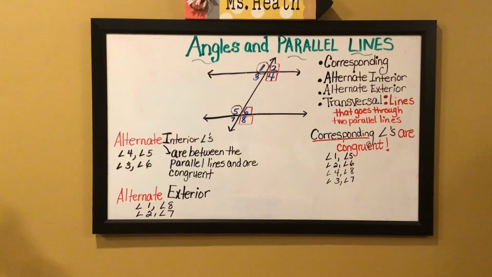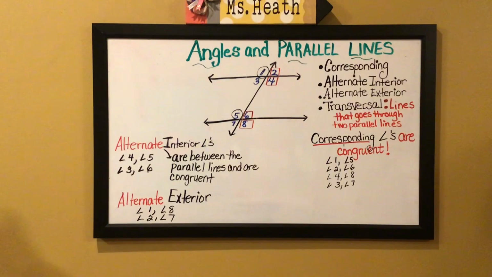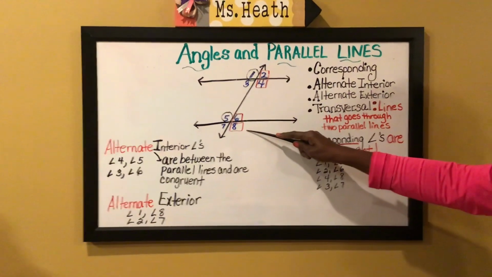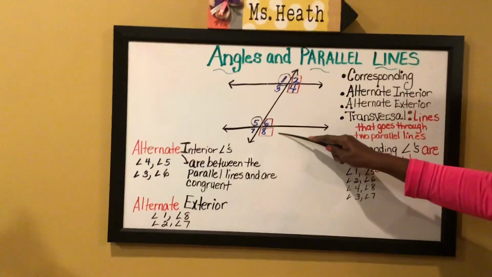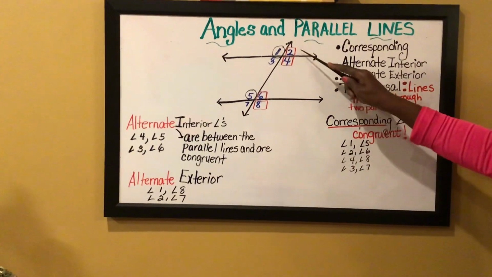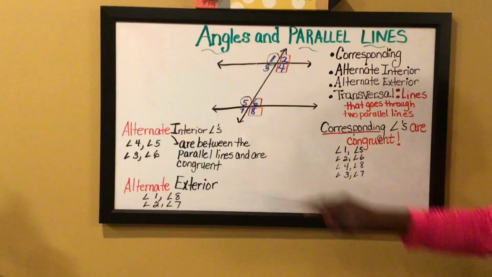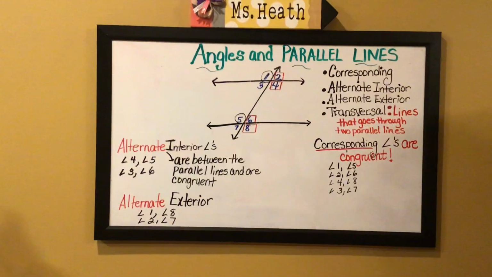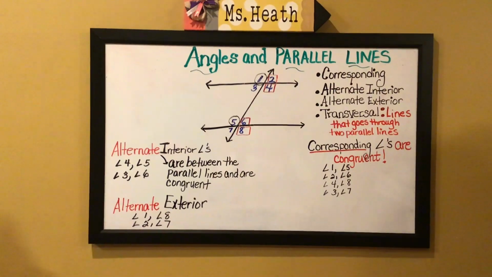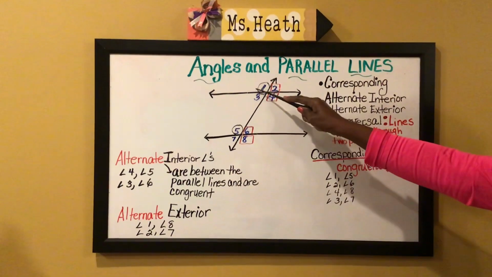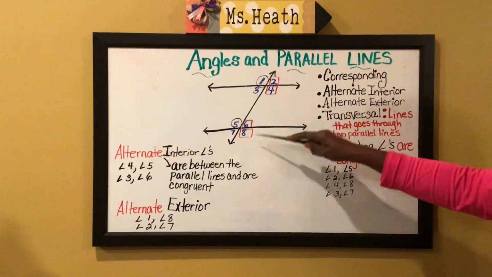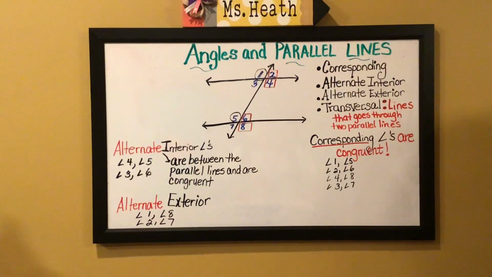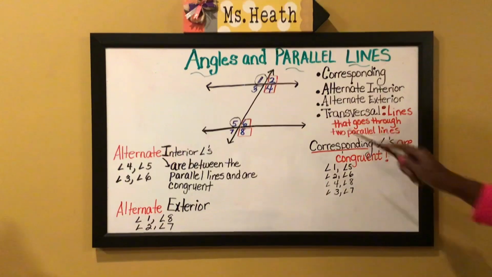So let's see what alternate exterior means. 1 and 8 would be alternate exterior angles. 2 and 7 are alternate exterior angles. And again, they would also be congruent. Now, 1 is also congruent with 4. See, 1 and 4 are congruent. 4 is corresponding with 8.